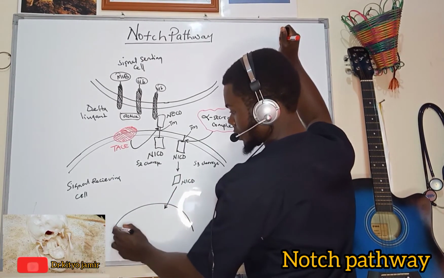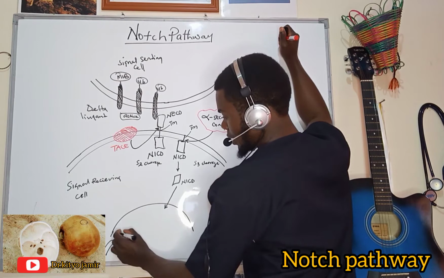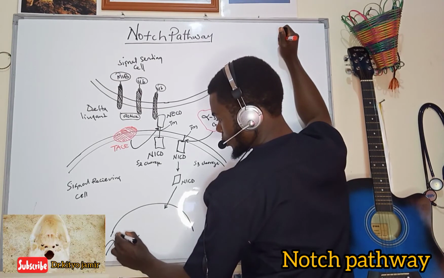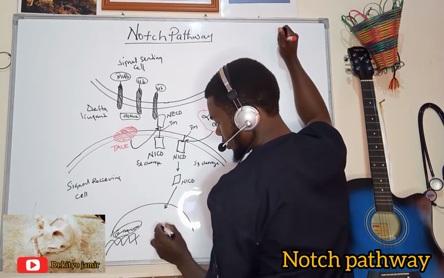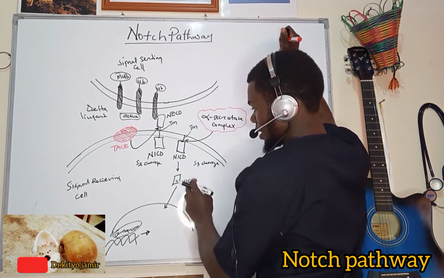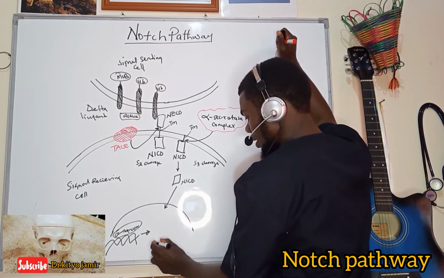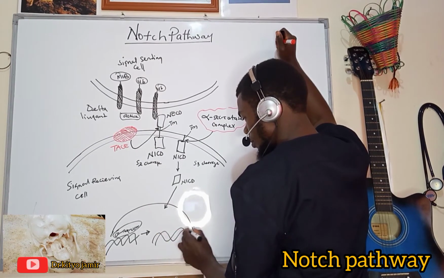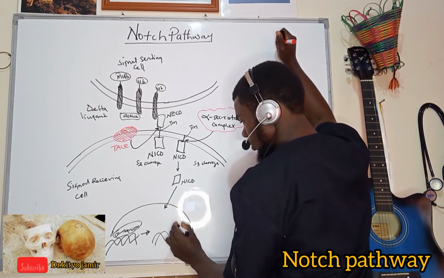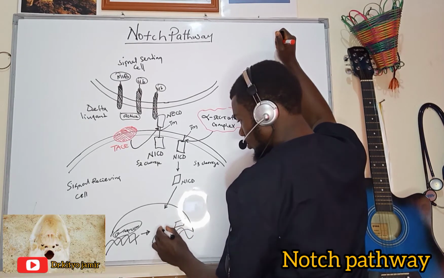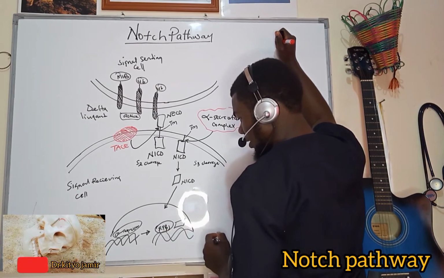As it is released inside the cell, it's going to translocate into the nucleus. In our nucleus, we have our DNA, and this DNA is bound by a co-repressor. So as this molecule translocates into the nucleus, this co-repressor is going to be replaced by NICD binding to our RBPJ, which we saw as the DNA binding protein.